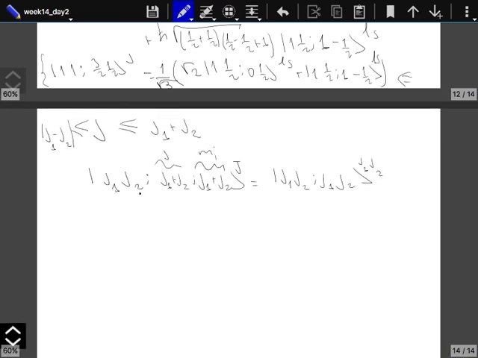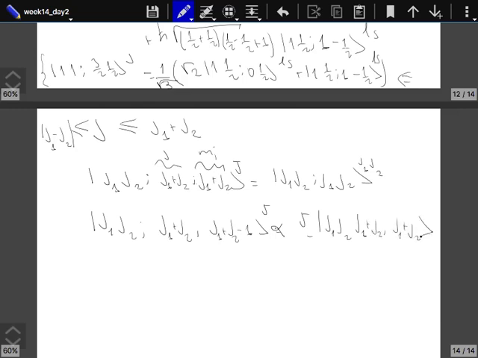Well, how can you obtain the other ones? J1, J2, J1 plus J2, J1 plus J2 minus 1 in the J basis will be just proportional to J minus acting on J1, J2, J1 plus J2, and J1 plus J2.